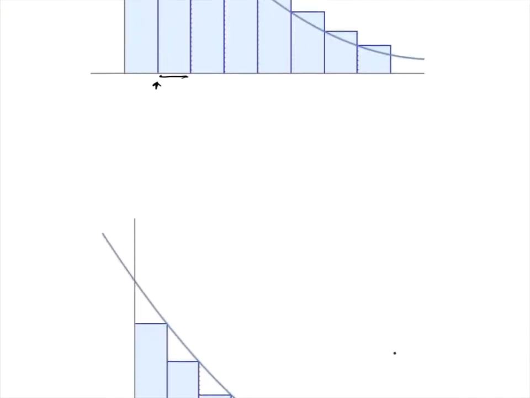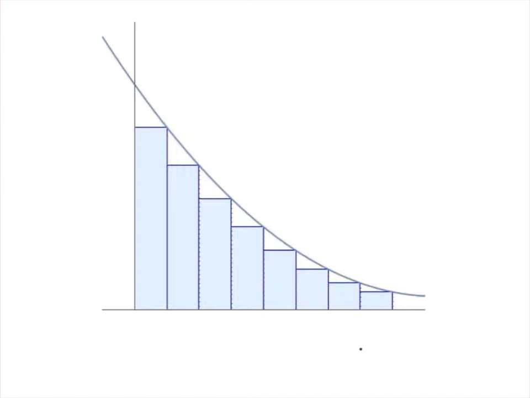And then, of course, there is also a right endpoint sum, and that would look like this. Okay, so this is the right endpoint sum, and notice that the value of the function is taken at the right endpoints.